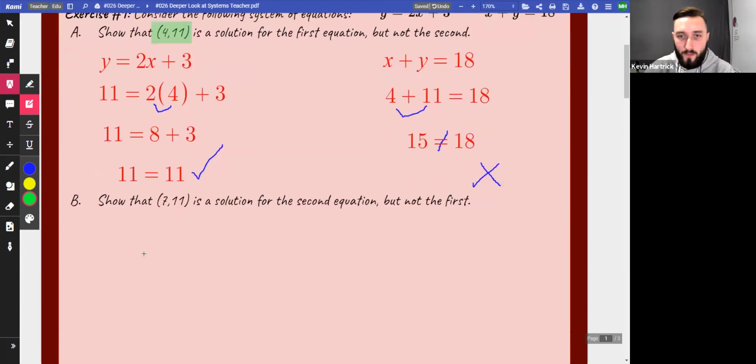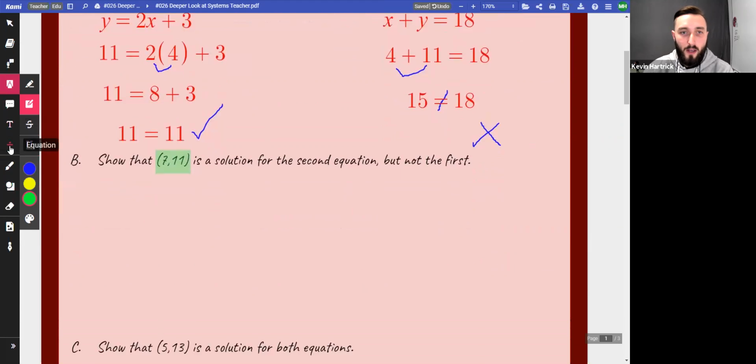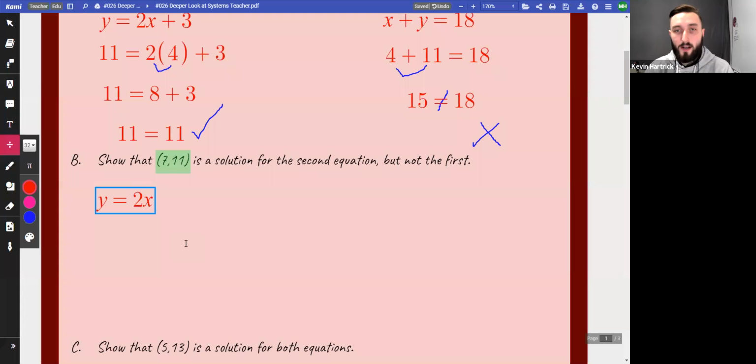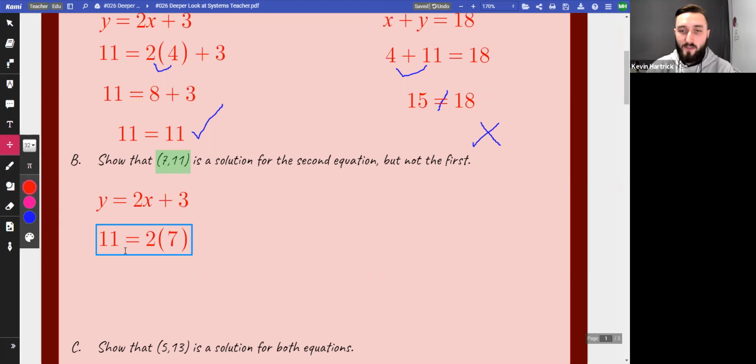Okay, let's try another one. Again, we have a point here, and they're asking us to show that it is a solution for the second one, but not the first. So again, let's take a look. I'm using the same equation here, 2x plus 3. And again, I am using my substitution to put values in for x and y. Okay, my x value is 7, my y value is 11.